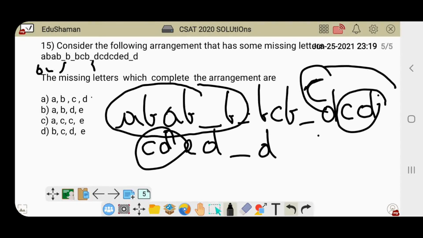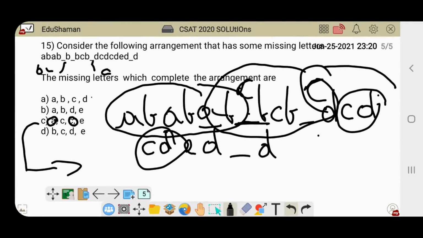The first missing place I got A, and in the third missing place I got C. So I will test option C out. I'll just put here A, C. There is a missing one over here, and according to option C it is C. Now there is much more confirmation because I get a BC pattern here, and BC.